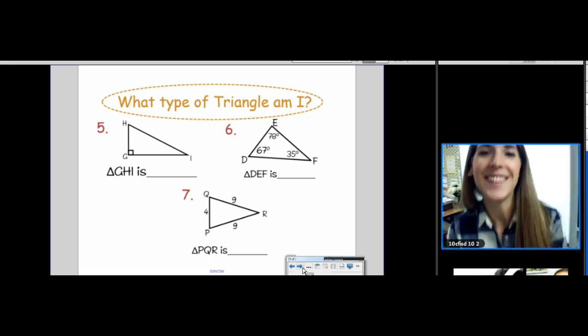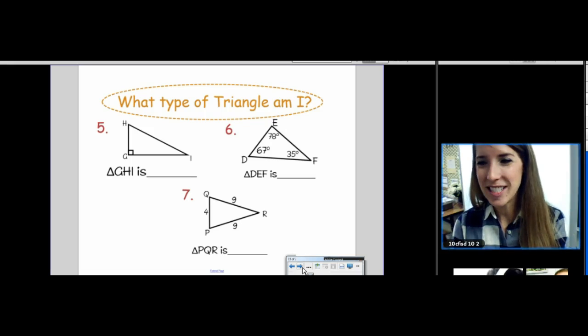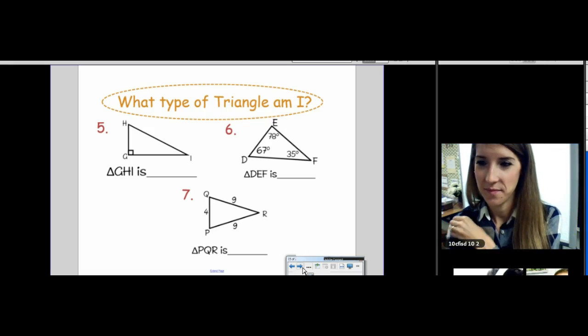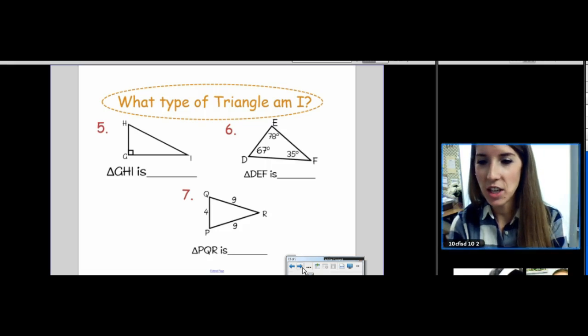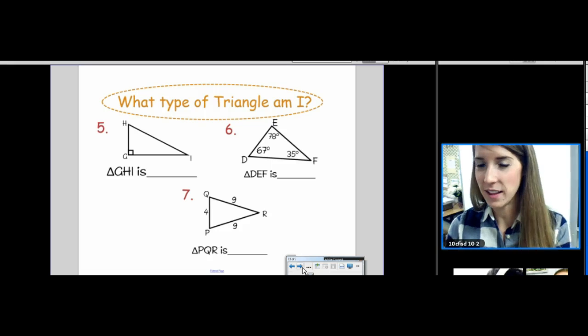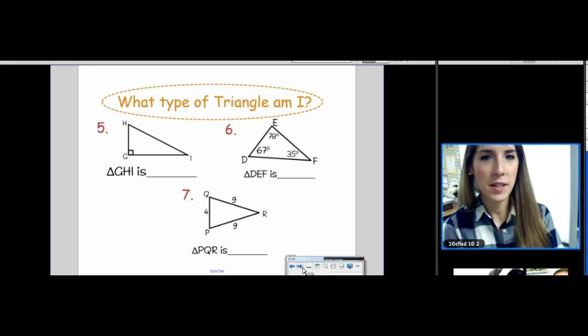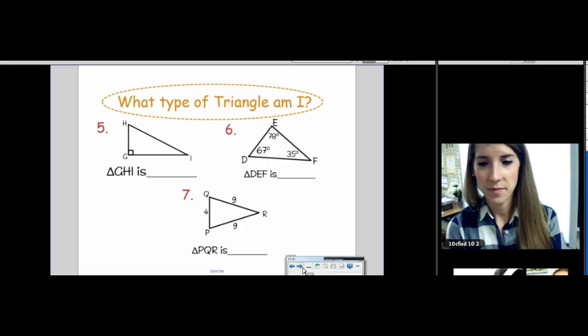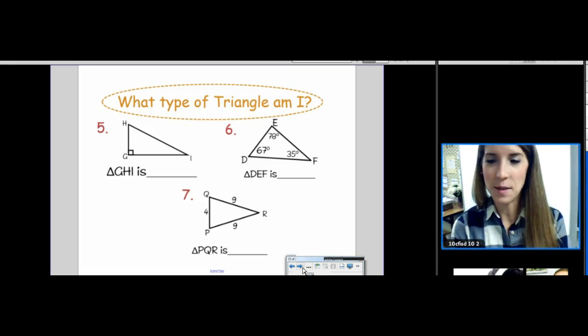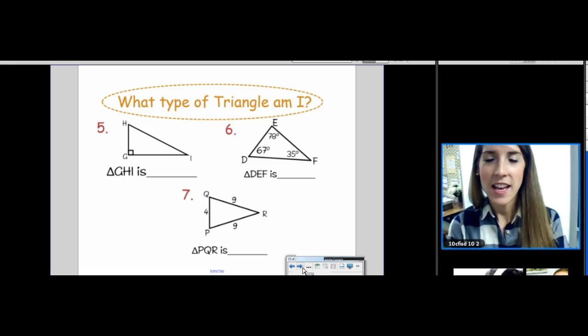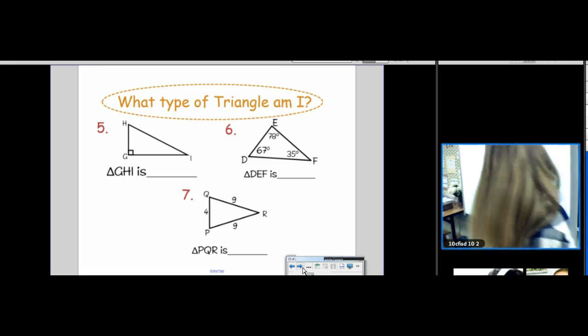The opposite of wrong. Yes, right. Number 6. Acute. Very good. Some interesting spellings there. And lastly, number 7. Isosceles. Awesome. 9 is equal to 9. It has 2 congruent sides, so it's isosceles.